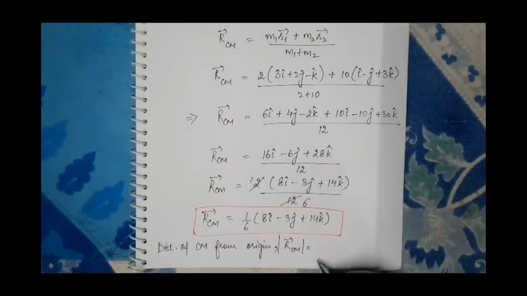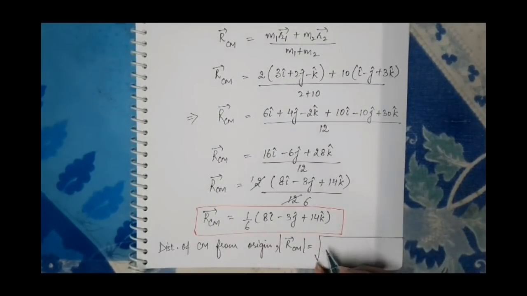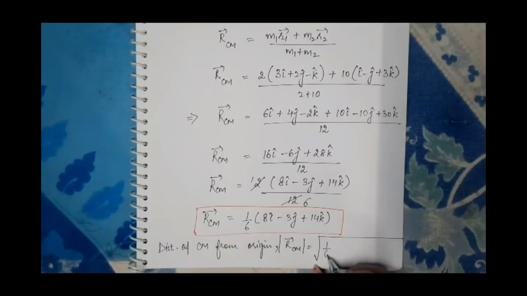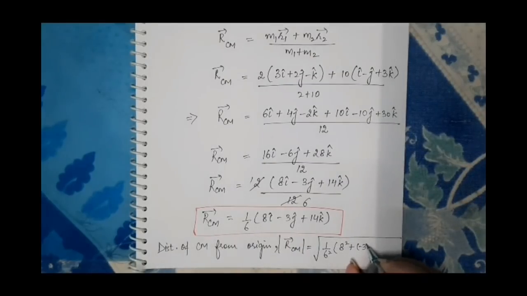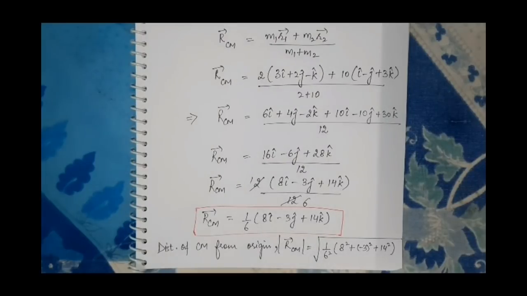It is the square root of 1 by 6 square into 8 square plus minus 3 square plus 14 square. So solve this, then you will get the distance of the center of mass from the origin, and as it is a distance, you have to write units also.